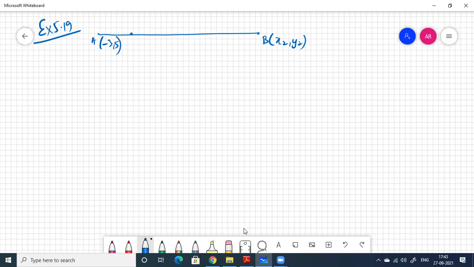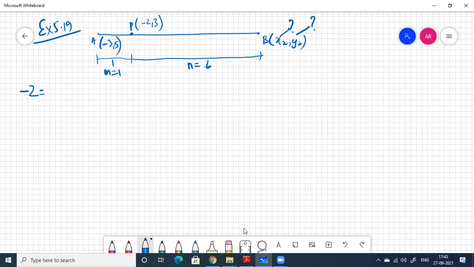There is a point here, and the point is P, which is (-2, 3). It divides this internally in the ratio of 1:6, so m is equal to 1, n is equal to 6. From this data, we have to find x2 and y2. That also is very simple. Just apply the formula, and you will see that the value automatically resolves.